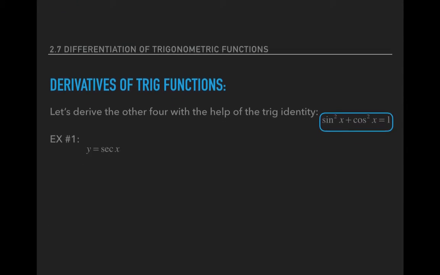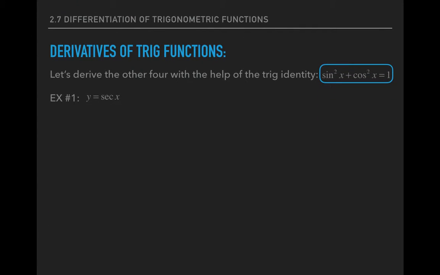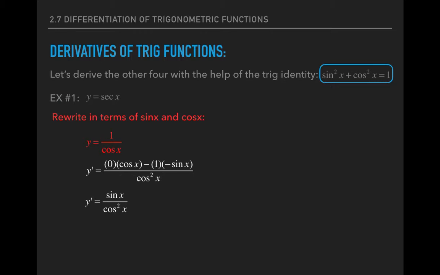The last one is secant. And secant, if you write it in terms of sine and cosine, is just the reciprocal of cosine. And again, we use our quotient rule to find the derivative. You're going to have 0 times cosine minus 1 times the opposite of sine, all over cosine squared, which gives you sine over cosine squared.